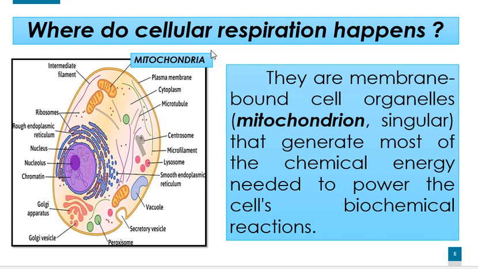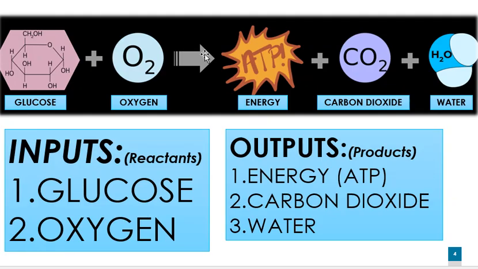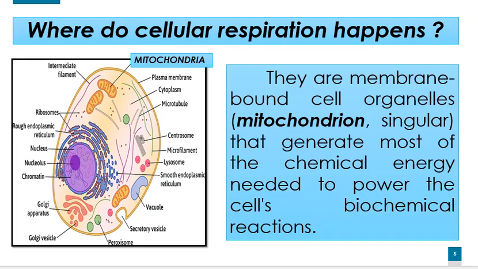So mitochondria is known as the powerhouse of the cell. Being the powerhouse, it produces energy. So what is the energy needed by the cell? What is the highest form of energy in the cell? Going back, we have again the adenosine triphosphate. That is what our cells need.